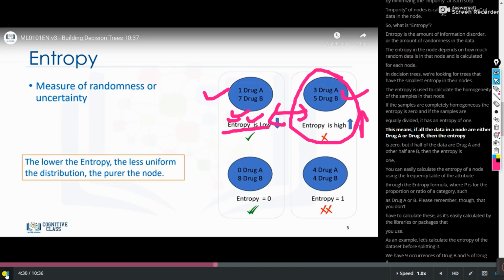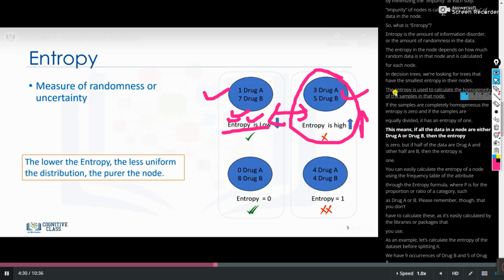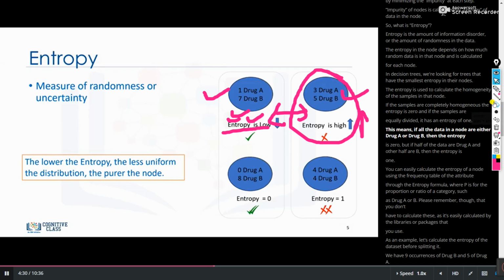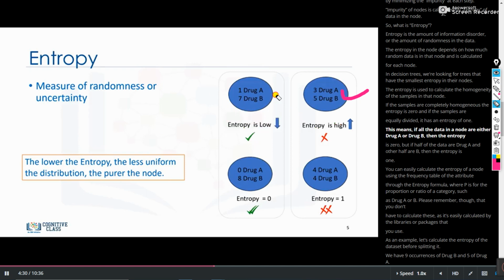When I will have 0 for drug A and all the possibilities for drug B. Meaning all males should have drug B, but none of the males from my data set should consume drug A. So in that case I will say that now I am at the conclusion state.